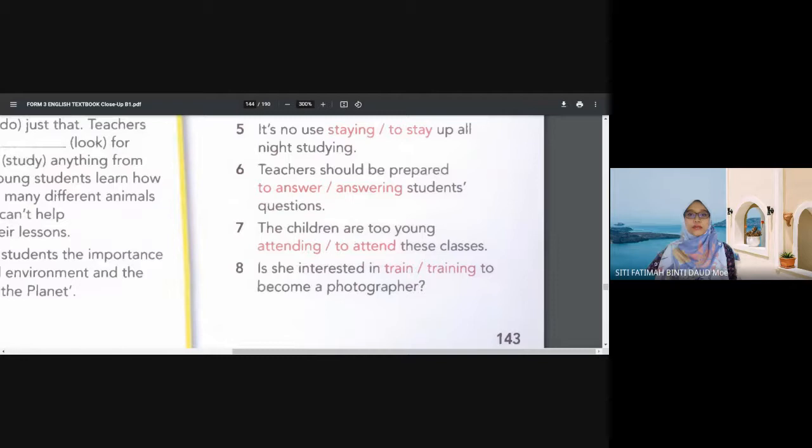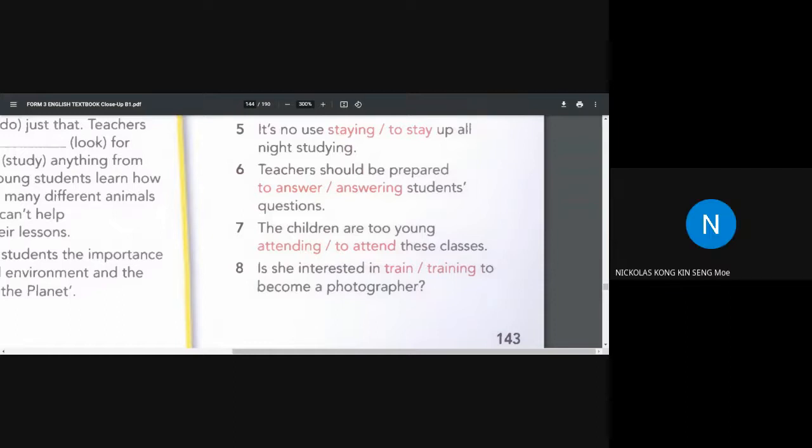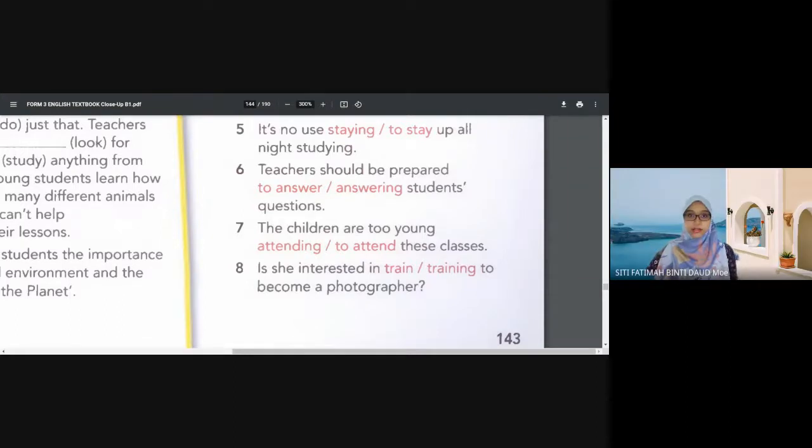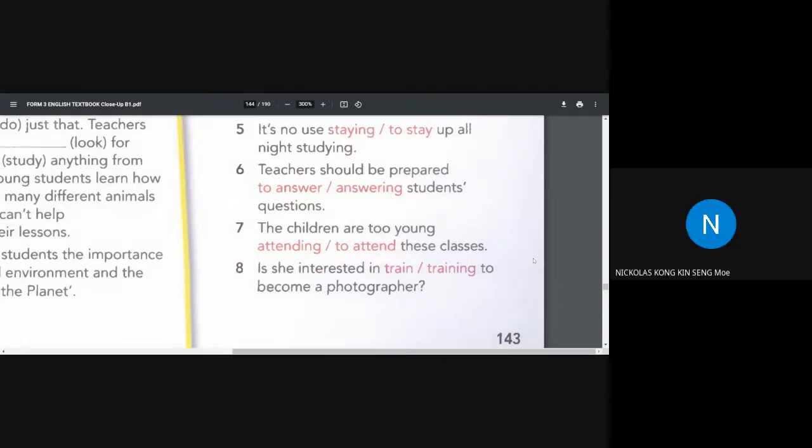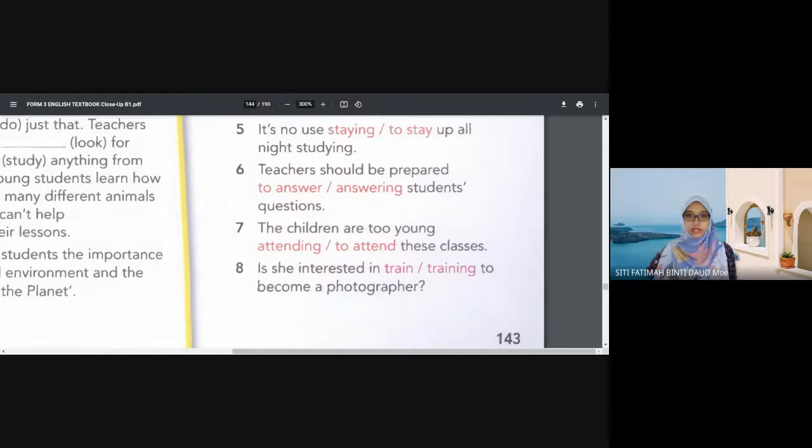Teachers should be prepared to answer or answering students' questions. To answer. Okay, to answer. The children are too young attending or to attend these classes. To attend. The children are too young to attend these classes.